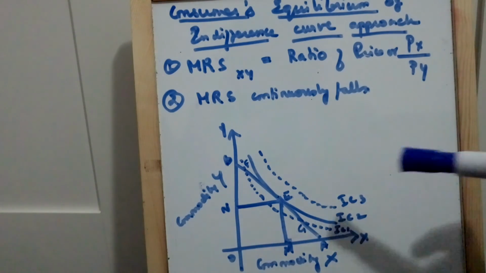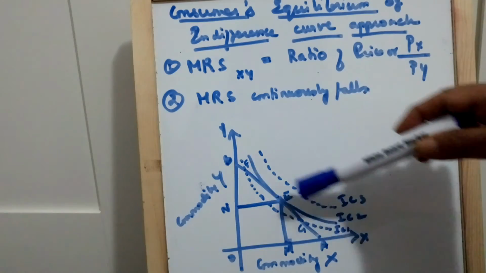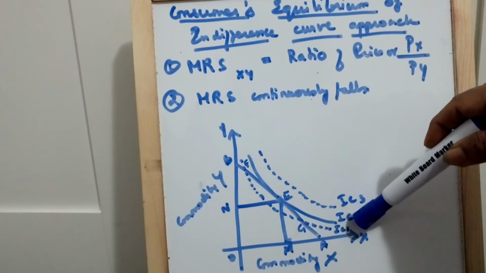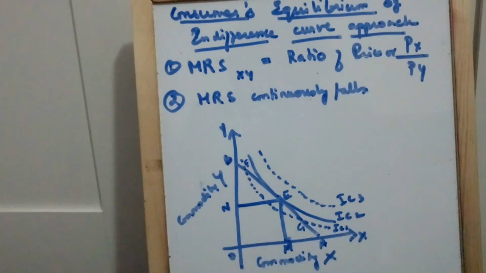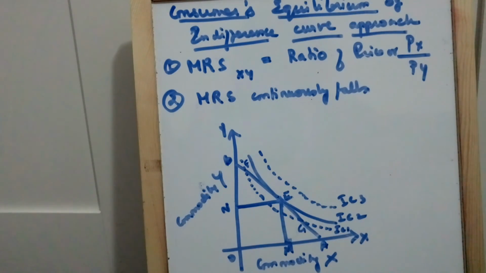So at tangency point E, you find the absolute value of the slope of the indifference curve and the slope of the budget line are the same.